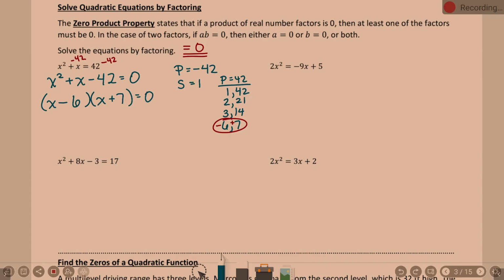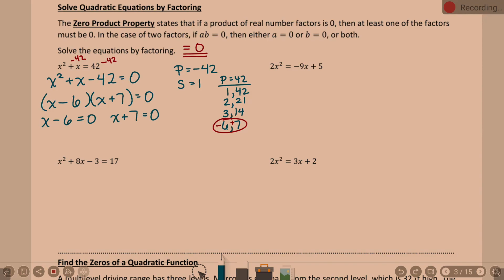If two pieces multiply to equal 0, then one of them has to be 0, yes? So we're going to set each factor equal to 0. I'm going to set x minus 6 equal to 0 and x plus 7 equal to 0. Solve each of those.